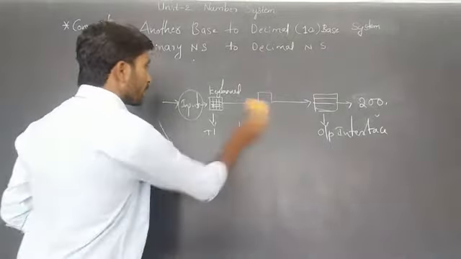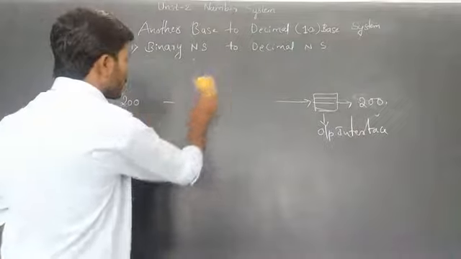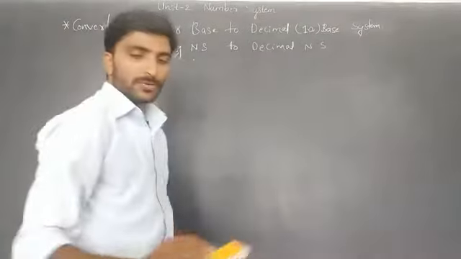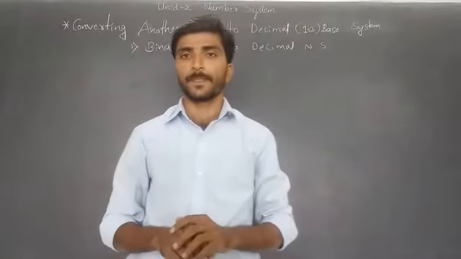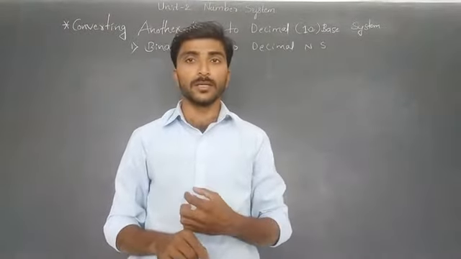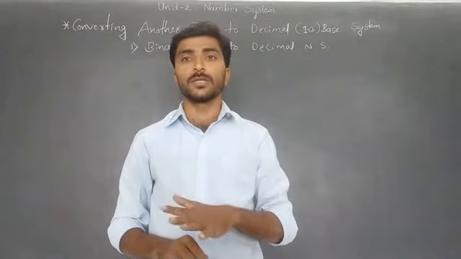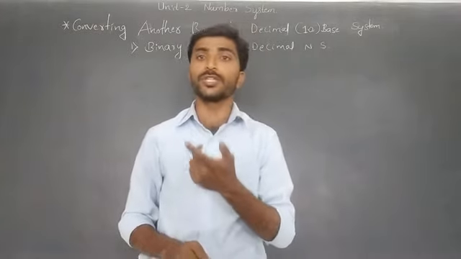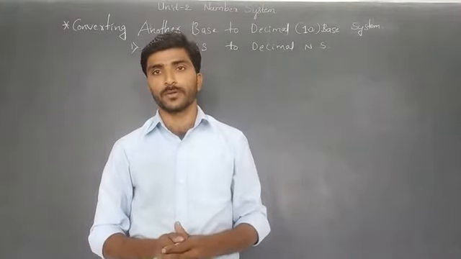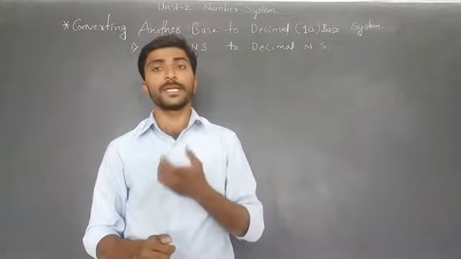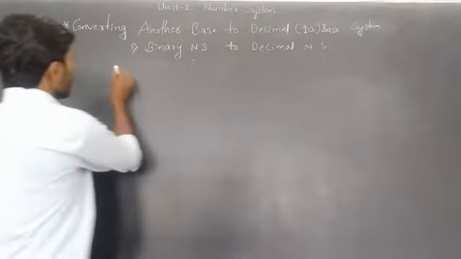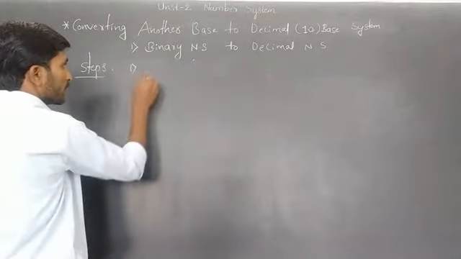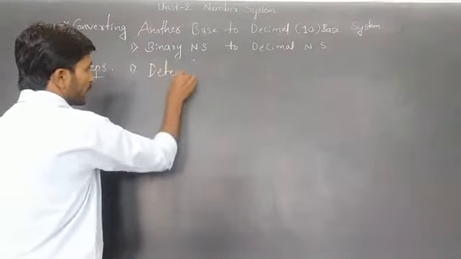Before discussing this technique, binary number system to decimal number system, we must follow some three steps. What are those? The first one: determine the positional value, that is, determine the column value of each digit.